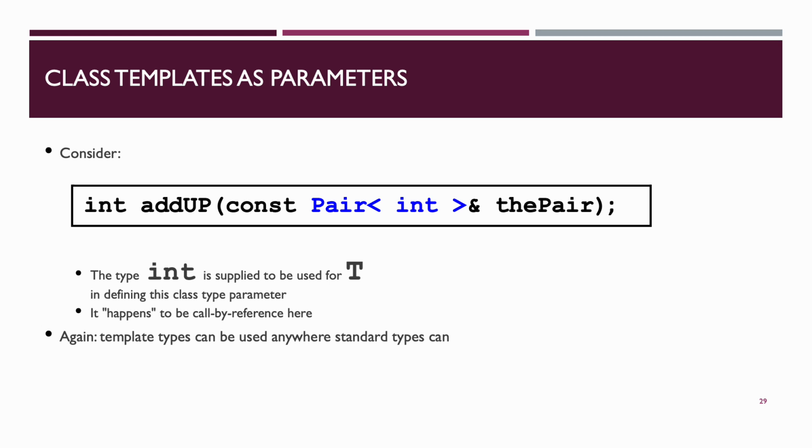The parameter, the pair, is passed by reference as indicated by the ampersand. Template types can be used anywhere standard types can be used. This example demonstrates that you can pass an object of a template class to a function just as you would with any standard type.